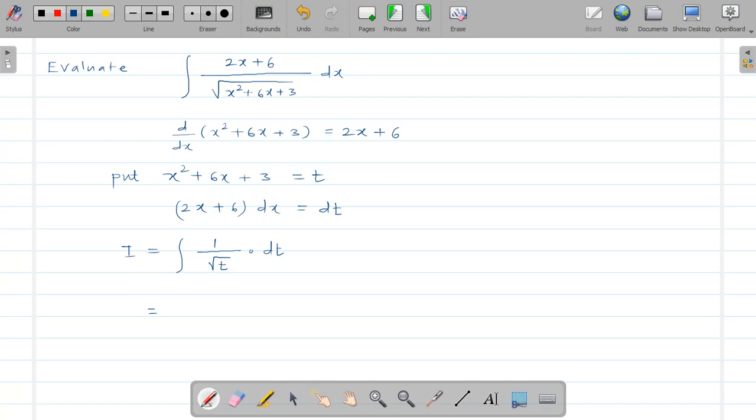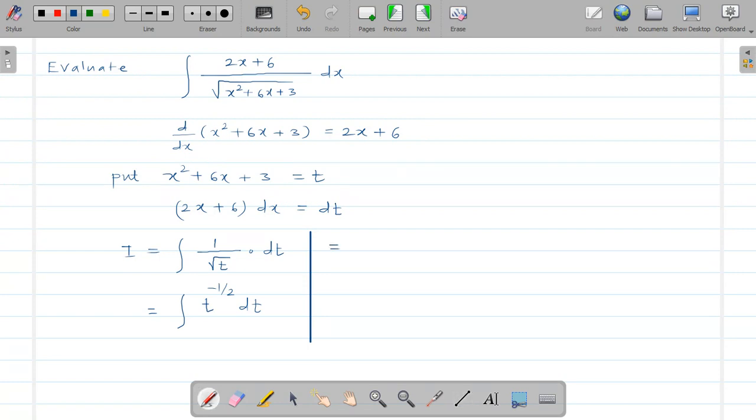Now what is the integration of 1 upon root t? As we know, 1 upon root t is actually t raised to minus 1 by 2, right? So t raised to minus 1 by 2 dt. Now to integrate t raised to minus 1 by 2, we will use the standard rule.